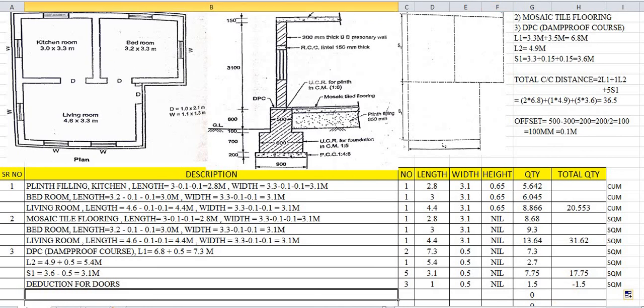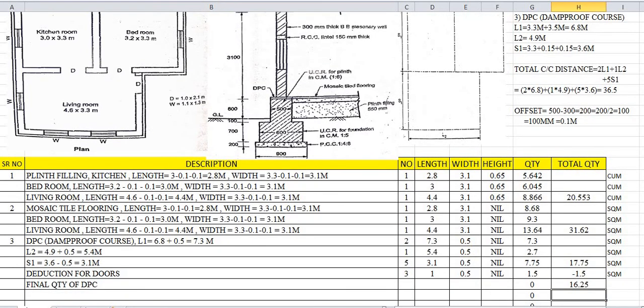So here we will write down the final quantity of DPC. The final quantity of DPC is this quantity minus this quantity.